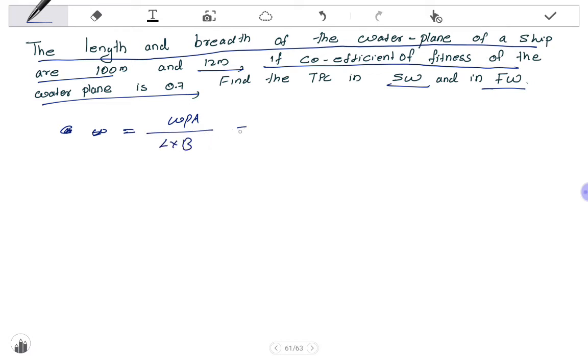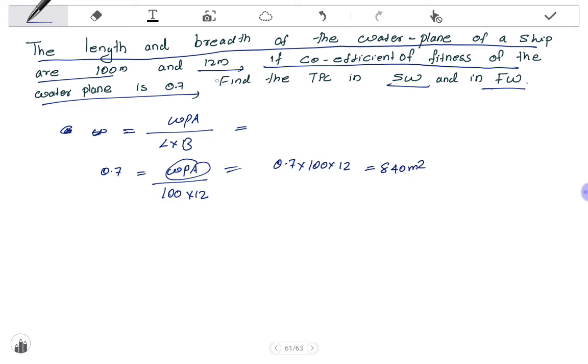Here the water plane coefficient 0.7 is equal to water plane area divided by length, 100, into breadth, 12. So the water plane area will be 0.7 into 100 into 12 meters, that will be 840 meter square.